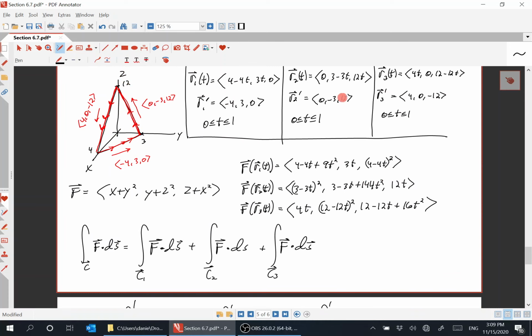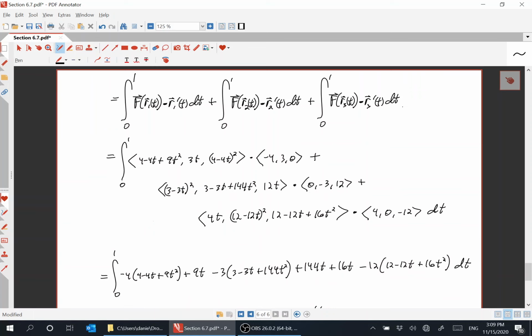So those compositions, we calculated those here. The derivatives are right here. So we're sticking all those guys in there. So this is f of r1 dot r1 prime, f of r2 dot r2 prime, f of r3 dot r3 prime, adding up all those three guys.